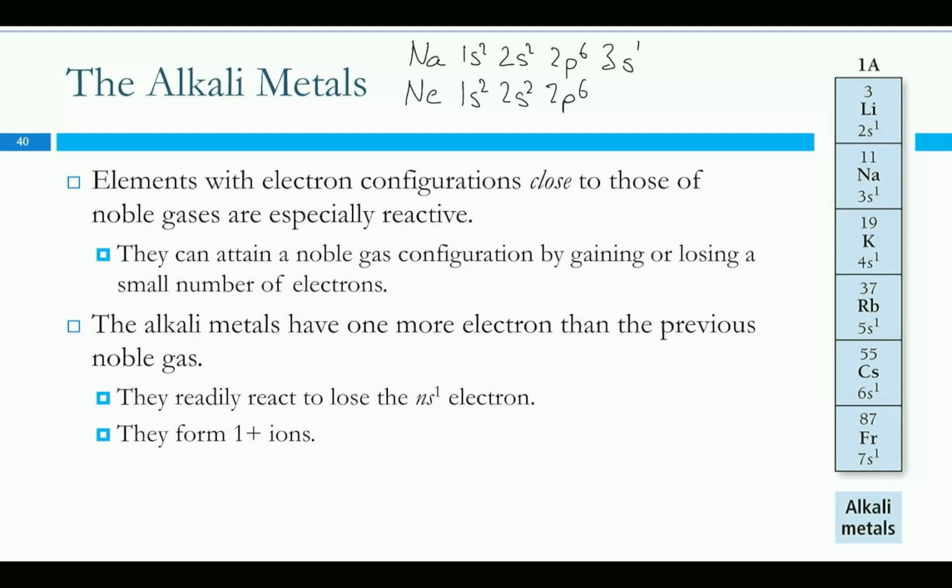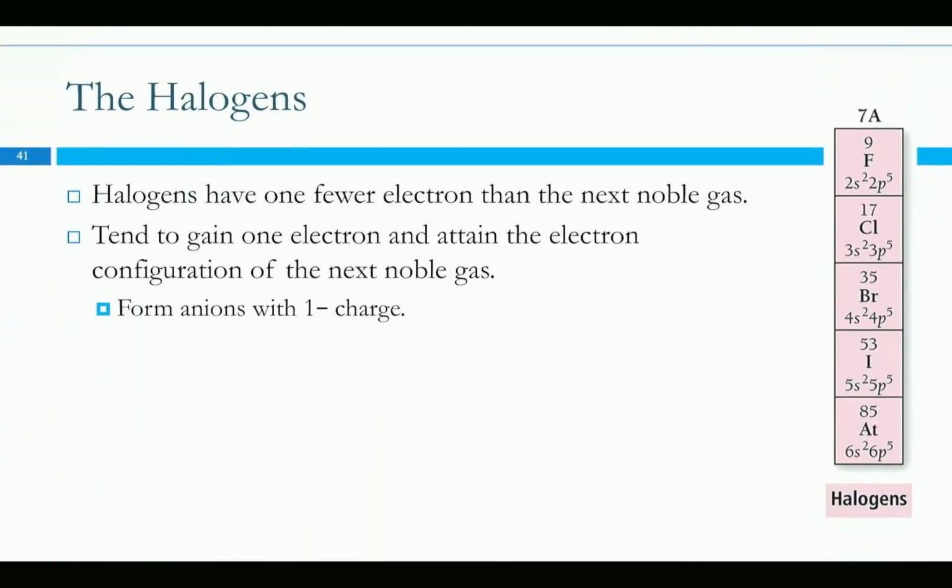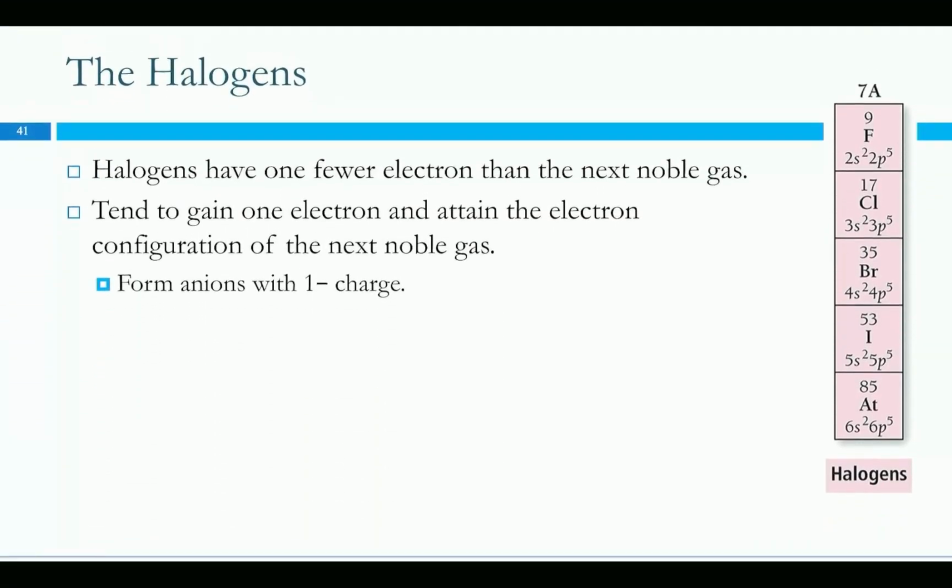All right, so if we move over 1 more column, oh, sorry, I got this in the other order. Going back over to the noble gases, if instead of going to the right and adding 1 proton, we remove 1 proton, then we get the halogens. So the halogens have 1 fewer electron than the next noble gas.